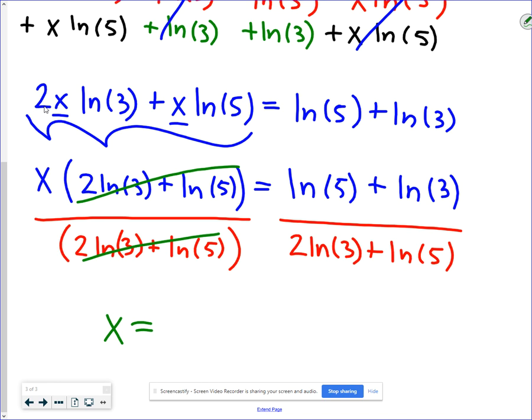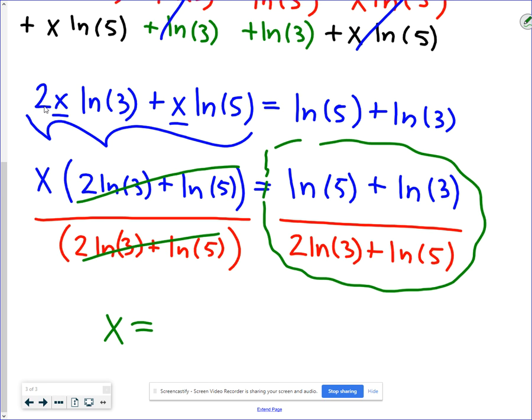And this is our answer right here. But we can clean it up like we did last week. The top two, we're adding two natural logs together, so they have the same base. So we can write the top as the natural log of 15.